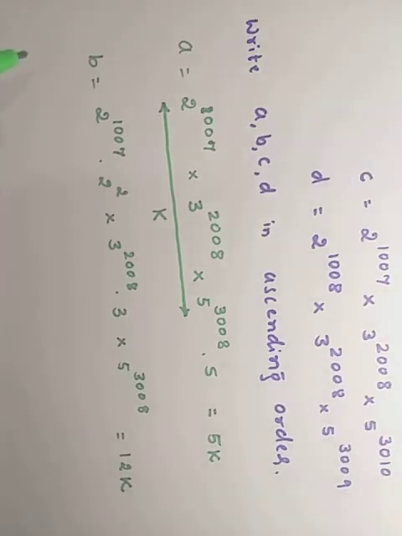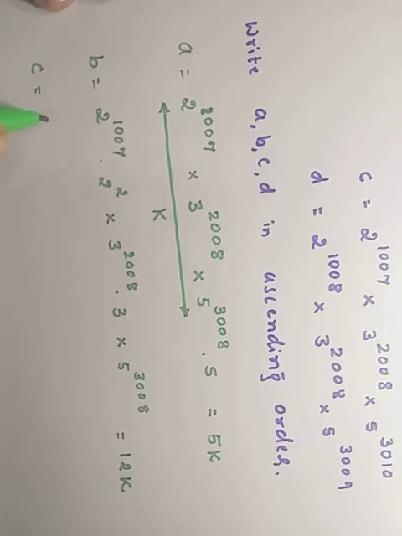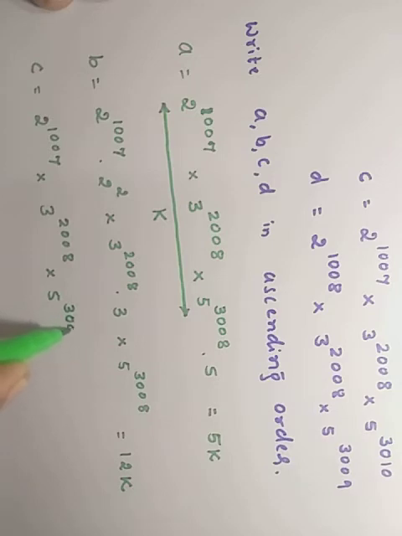Let us now take C. C is equal to 2 to the power 1007 as usual. We need not make any alteration. And 3 to the power 2008, that is also as usual, into 5 to the power 3010 must be written as 3008 into 5 square.